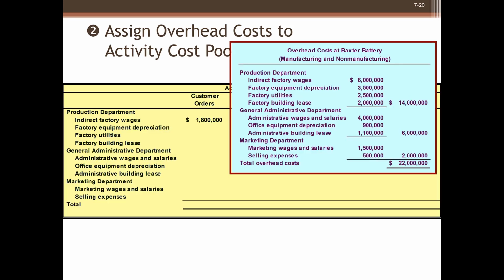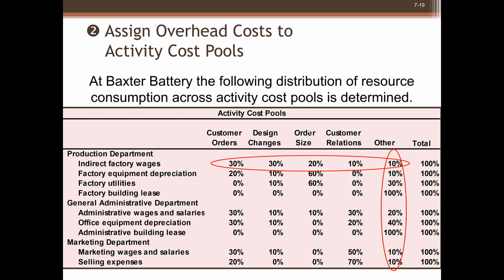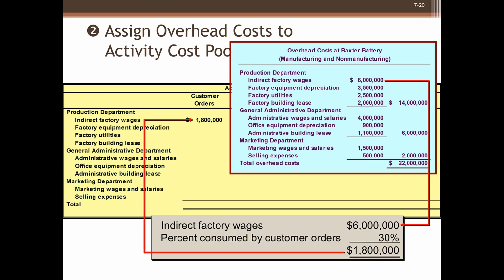Once the percentage allocation has been determined, it's straightforward to assign dollar costs to activity cost pools. Let's take a look at indirect factory wages. Cost here, $6 million. For the customer orders cost pool, the company has identified 30% of indirect factory wages should be allocated to this cost pool. So we can allocate 30% of $6 million, $1.8 million, to customer orders.